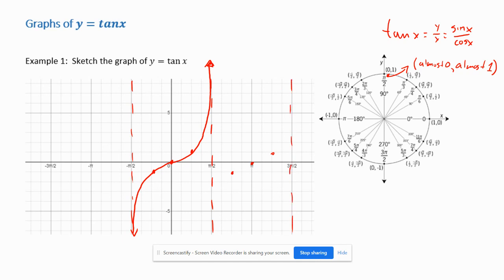And the pattern repeats itself. Like this. And then over here, guys, the exact same thing. And there's what our graph of y equals tan x looks like.